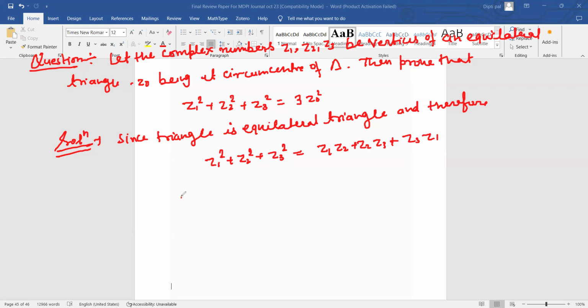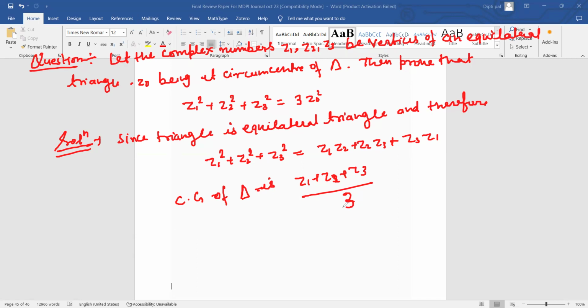Now we know the centroid of a triangle is Z1 plus Z2 plus Z3 by 3.